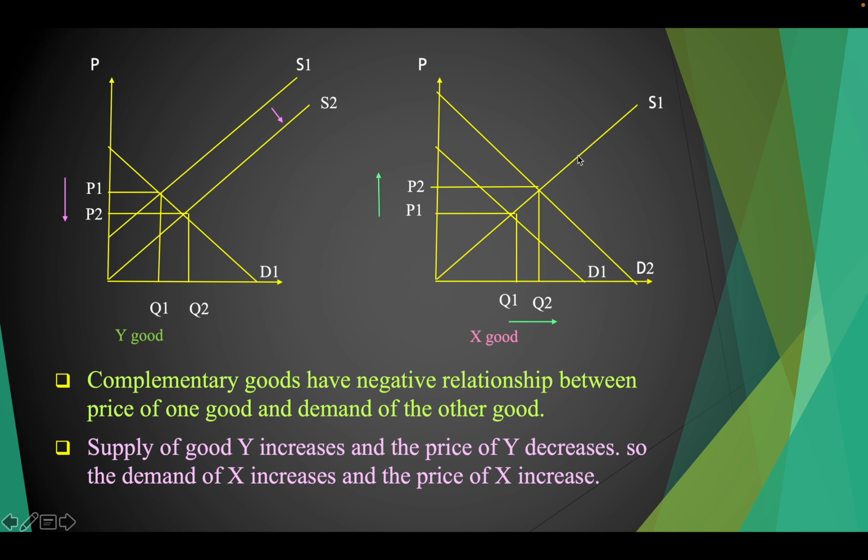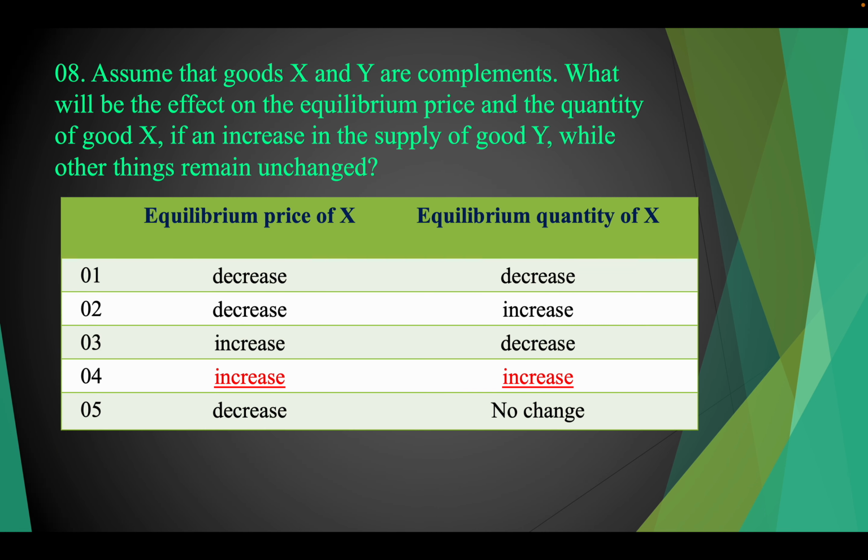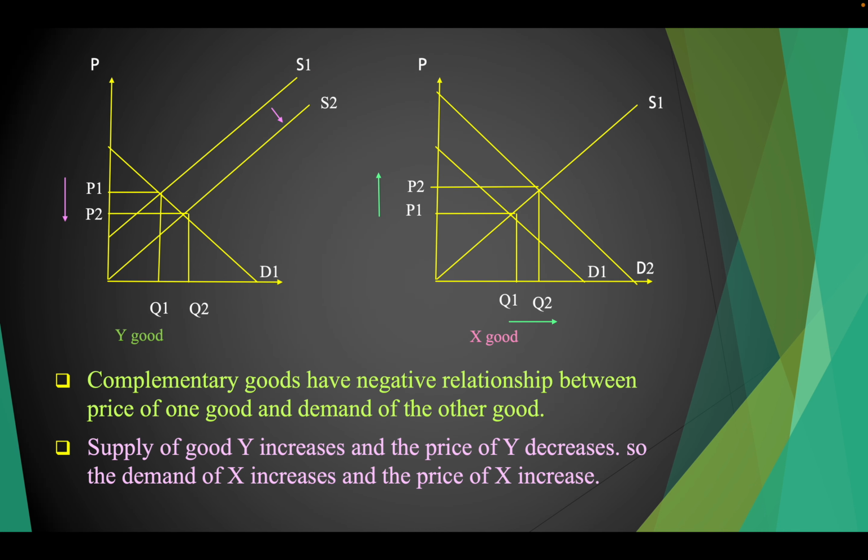When the demand curve shifts rightward, you can see the equilibrium price increases and the equilibrium quantity also increases. So here the equilibrium price of X increases and also the equilibrium quantity of X increases. When you draw the diagrams, this is a simple question. So when you acquire this information and draw the diagrams, you need sound knowledge about the relationships and also about drawing diagrams. Okay.